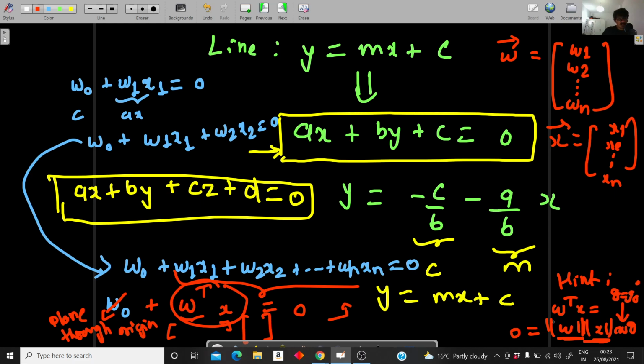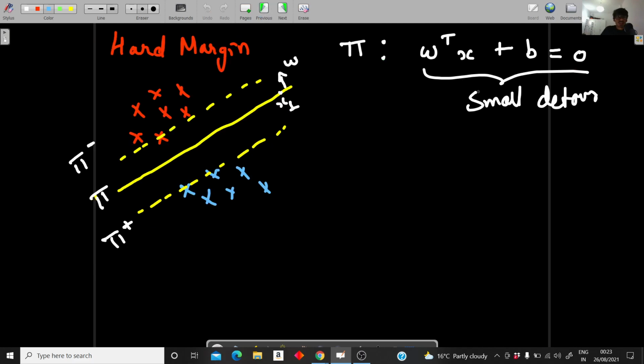So we can say that W and X are always perpendicular. So if this is a hyperplane, for any point X in here, the W will always be perpendicular to it, and that's why I wrote here that this is the W which is perpendicular to this hyperplane.